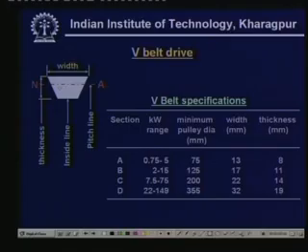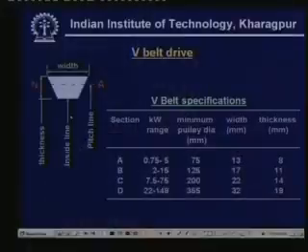That means when you are bending the belt, where the bending will take place, because the bending of the belt takes place whenever it is passing over a pulley. In that case a zone will come which we define here as the neutral axis, where there will be no stress, and on the other sides, one side there will be compressive stress and the other side tensile stress.